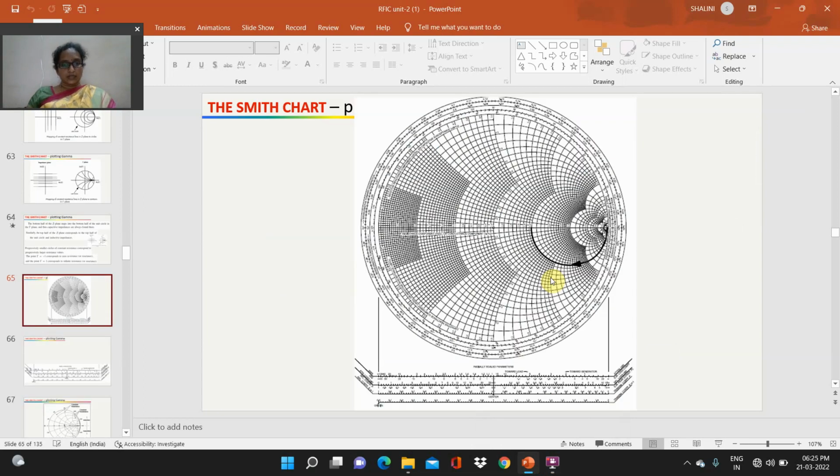So the Smith chart looks like this, with the vertical lines, horizontal lines and also the small circles.